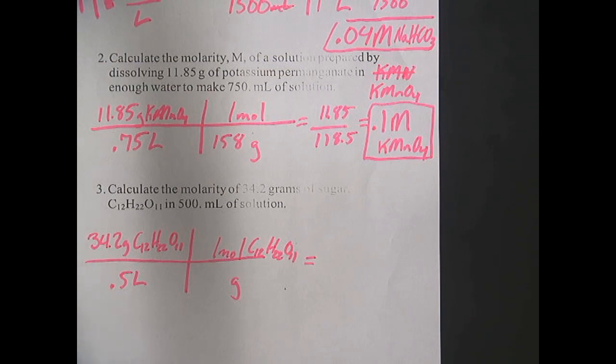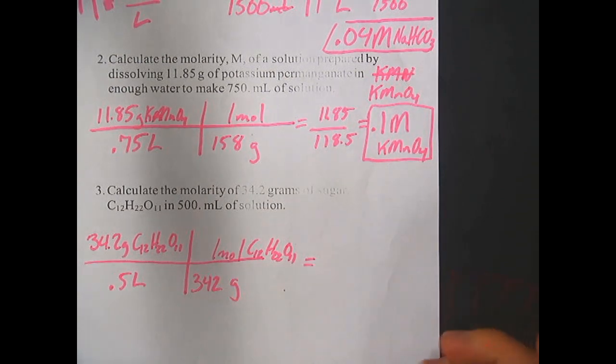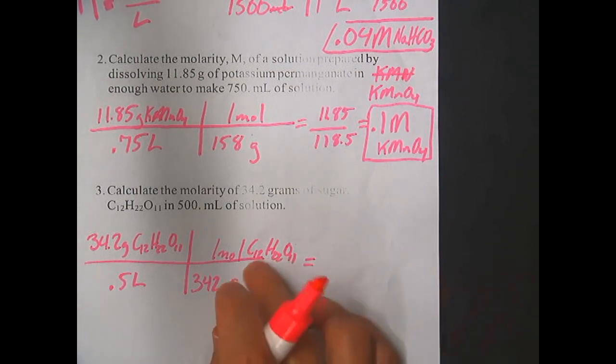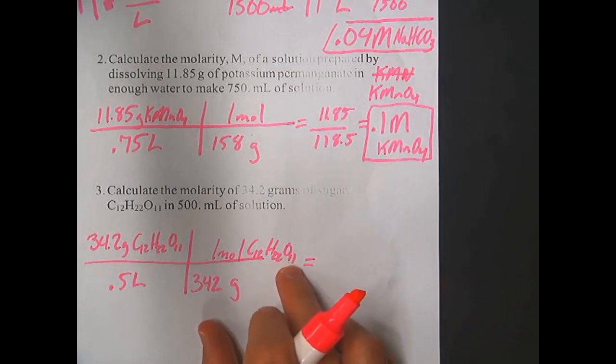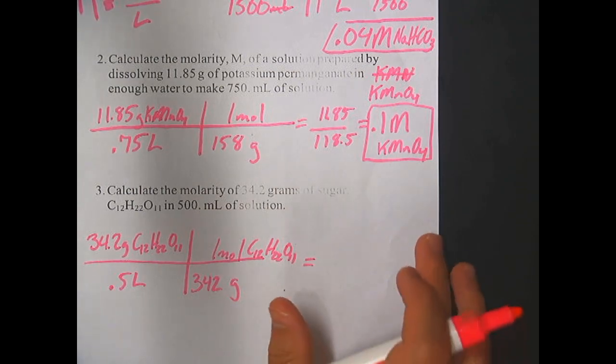Plus 11 times 16 for the oxygens. And I get 342 grams per mole. Again, all I'm doing is looking up the individual masses of these elements, multiplying by the quantity, and then adding it all up. Just calculating molar mass, something you should be able to do at this point.